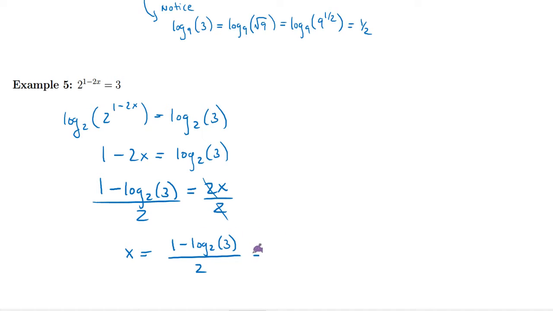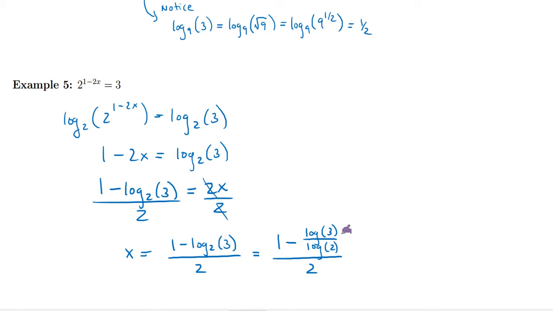All right, now there's a couple ways you can plug that into the calculator. We could write this as log of 3 over log of 2, and then you could figure out what this is, and then do 1 minus that, and then divide by 2. Just make sure, if you wanted to type all that in, you have to be very careful.